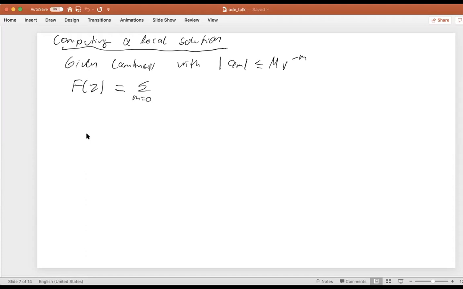Then by this theorem we called Cauchy's existence theorem, we can show that there's a unique y such that it solves the initial value problem.